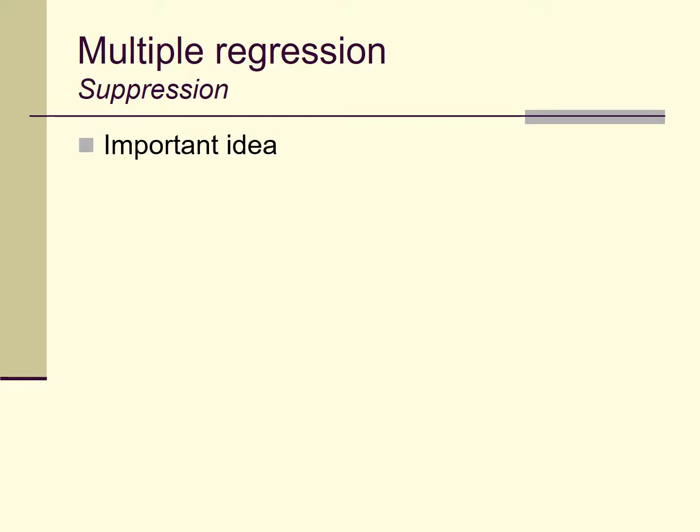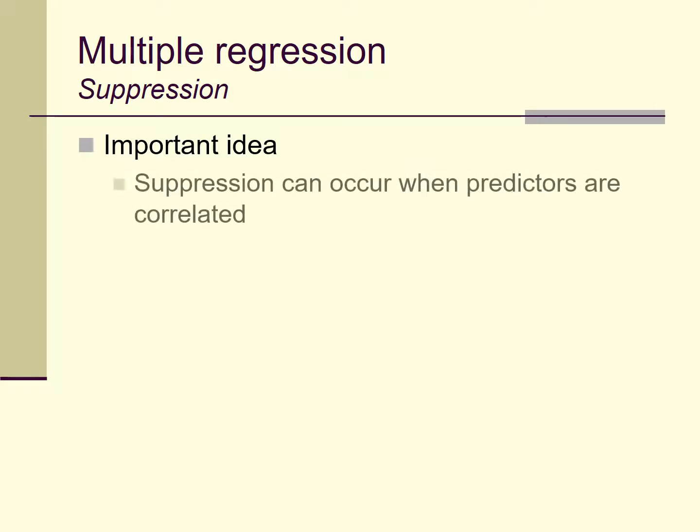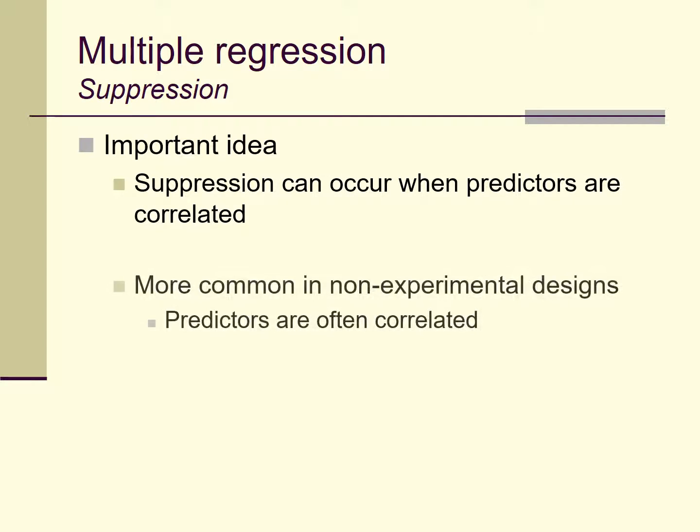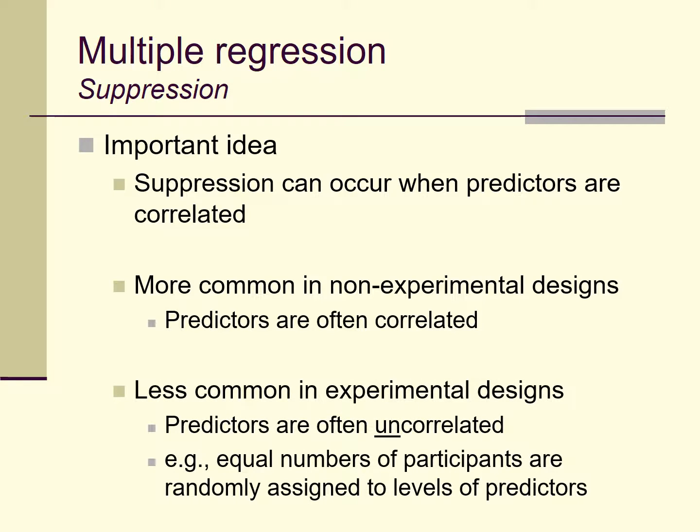Before we go any further, an important idea here is that suppression can occur whenever predictor variables are correlated. This is more commonly the case in non-experimental designs, where, at least in psychology and the other behavioral sciences, the predictor variables that we're interested in are often correlated with each other. It's somewhat less common in experimental designs, where predictor variables are often uncorrelated.